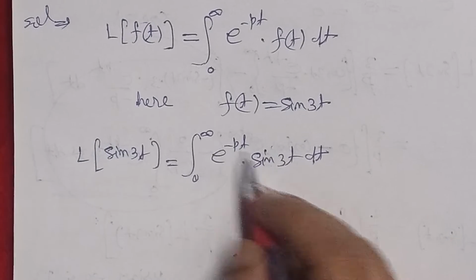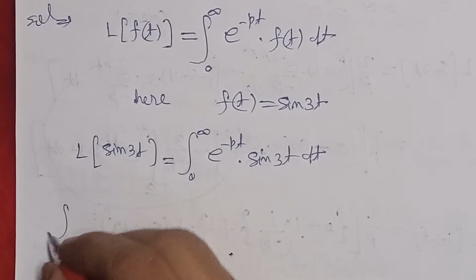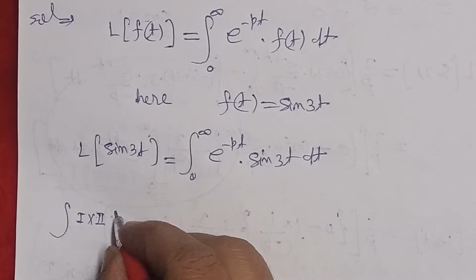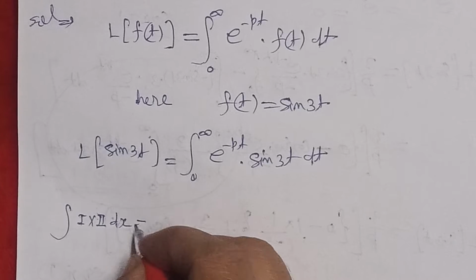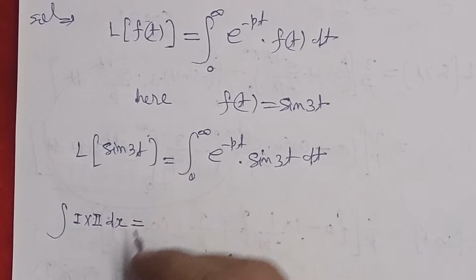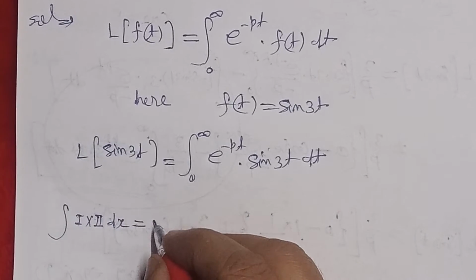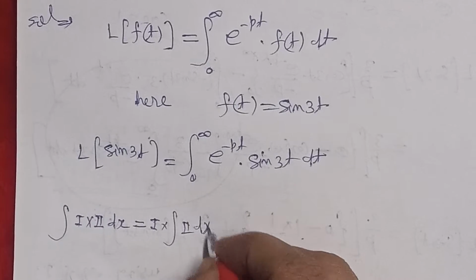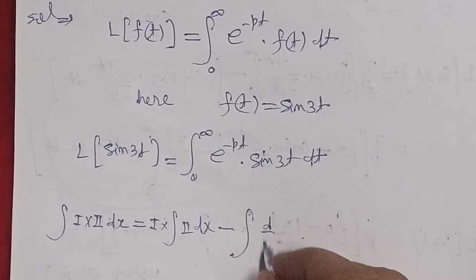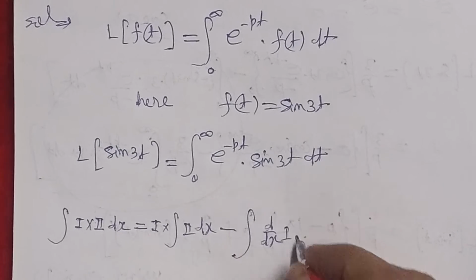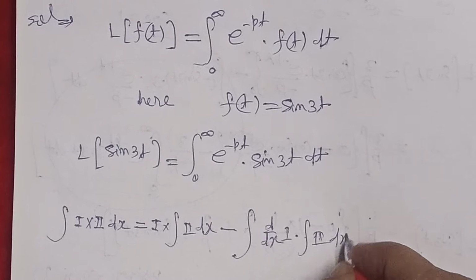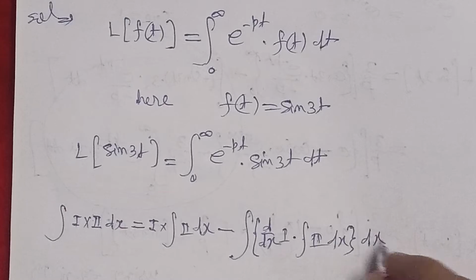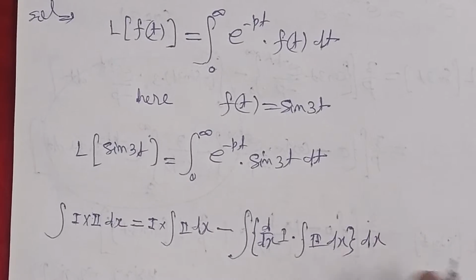Here on the right hand side we will use the formula of integration of product of two functions. I use this formula: first function as it is, integration of second function, minus differentiation of first function, integration of second function, and again integrate with respect to x the product of these two values.